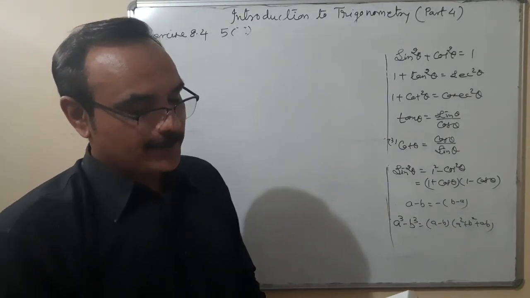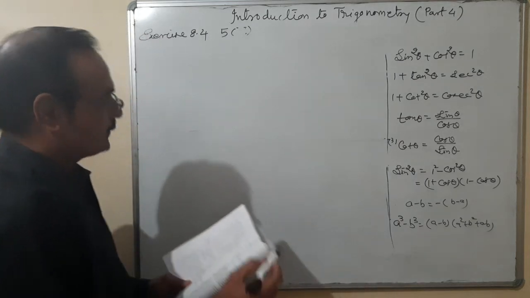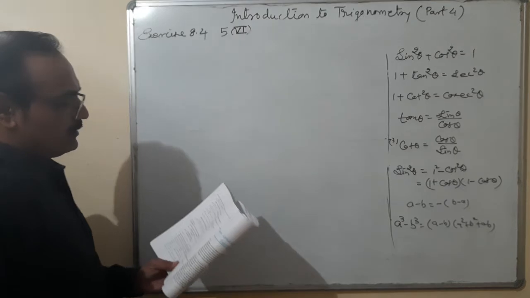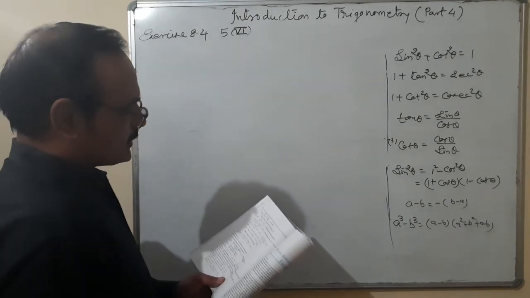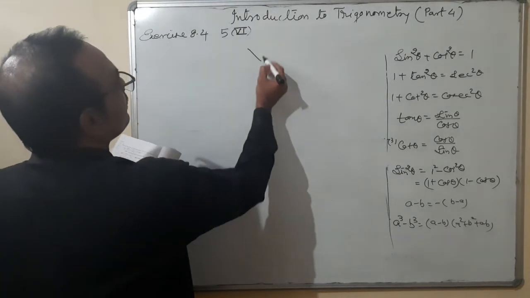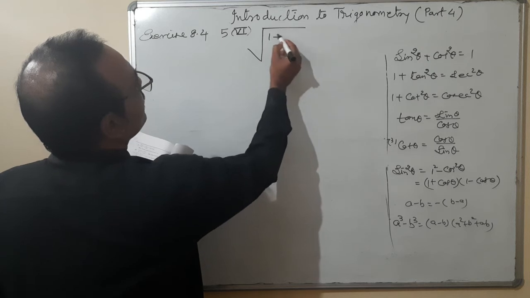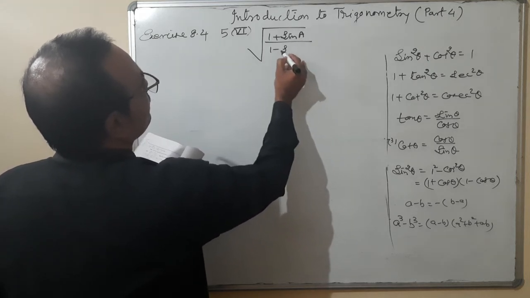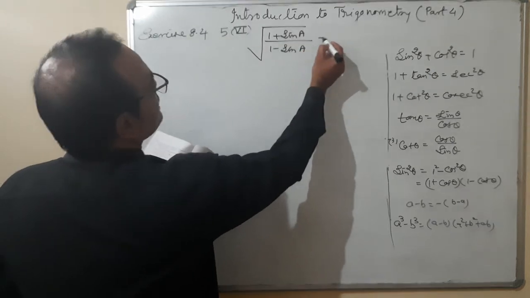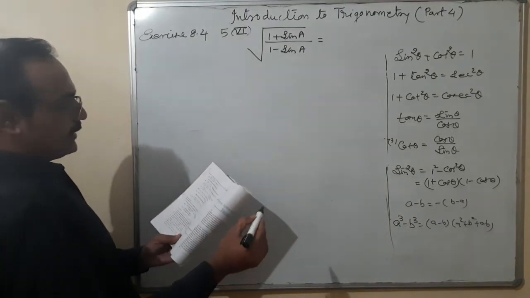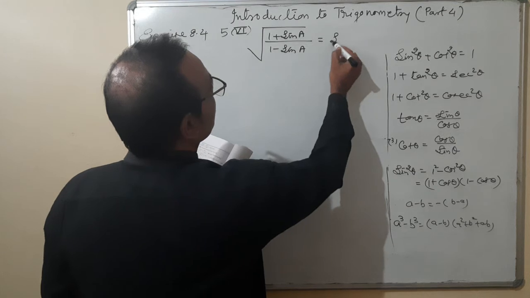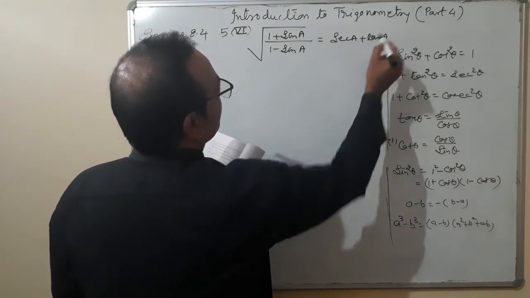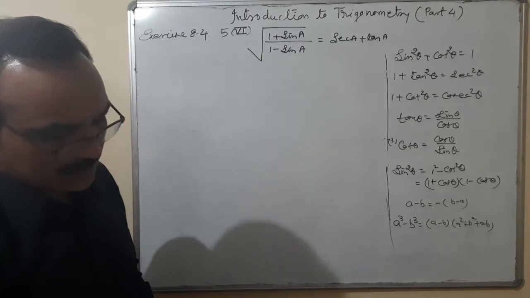Under root, 1 plus sine A upon 1 minus sine A, is equal to sec A plus tan A.